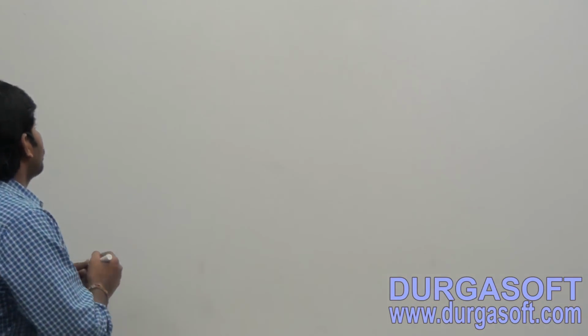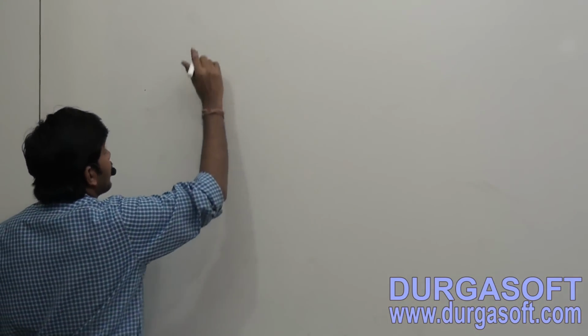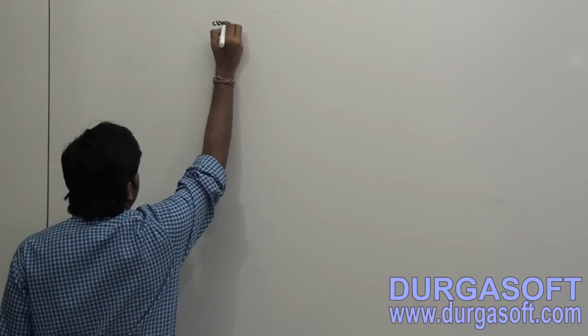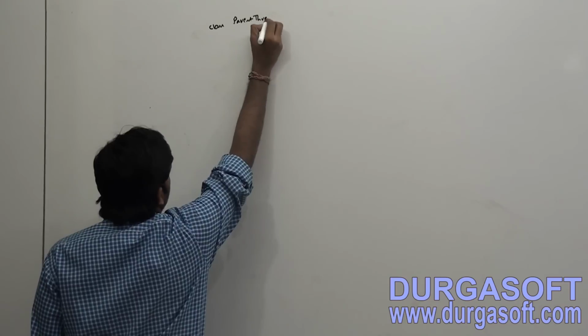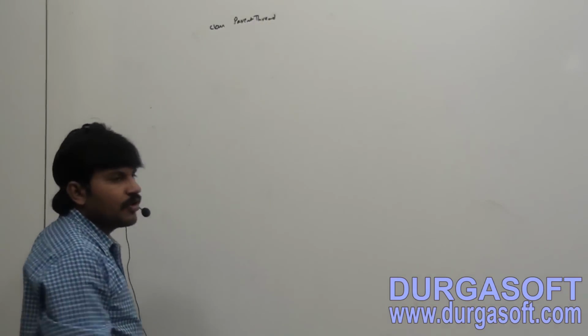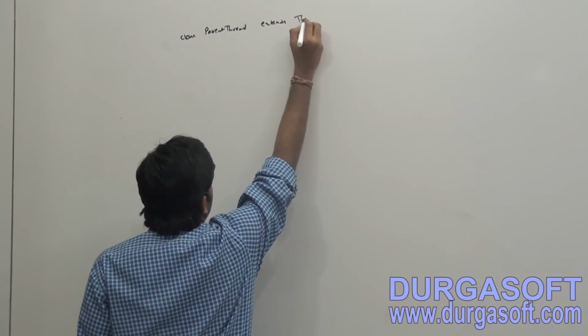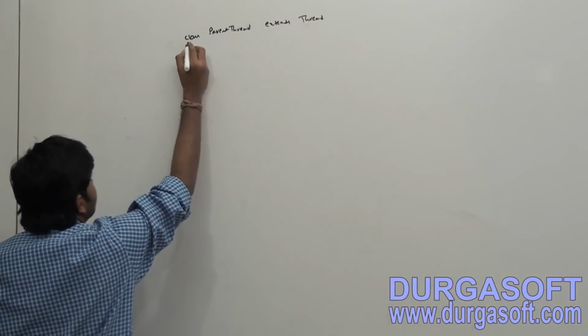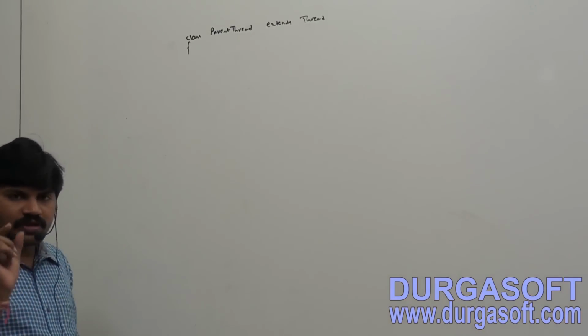Here observe this one. I am taking a class, take a bit of special care. Class ParentThread extends Thread. This ParentThread has one thread local object.